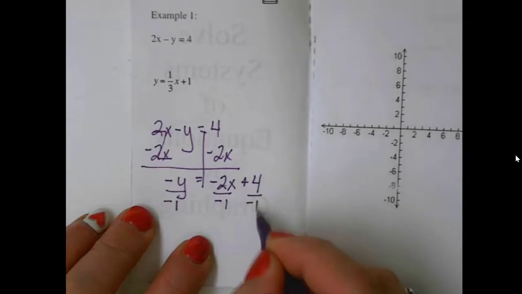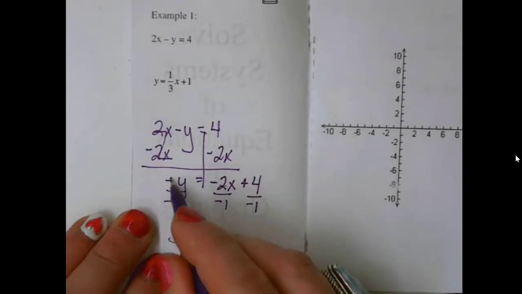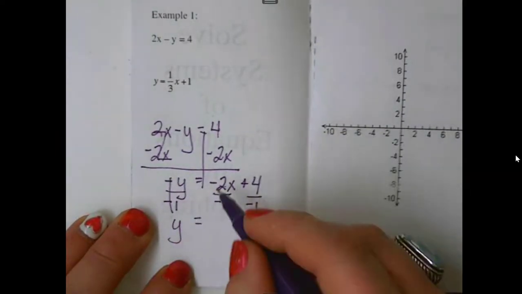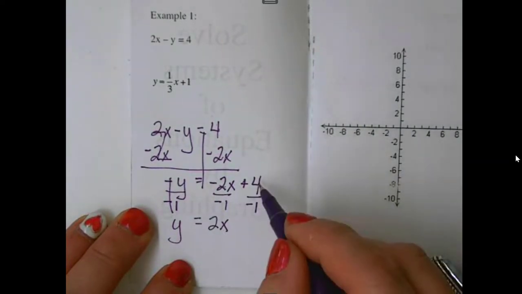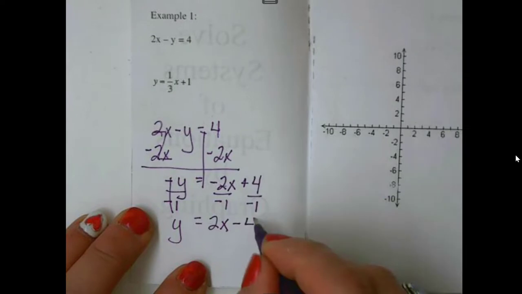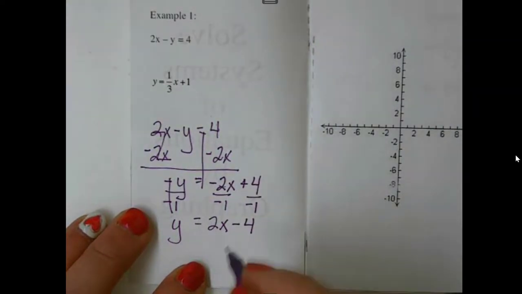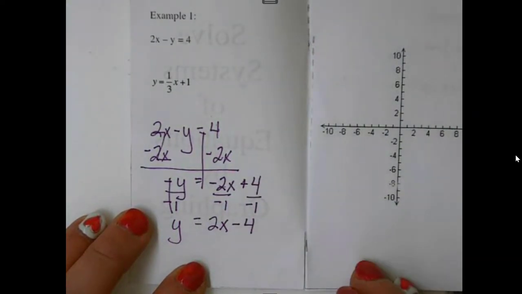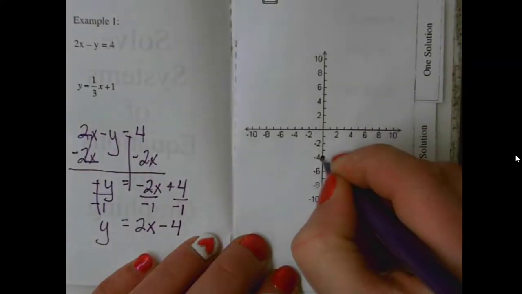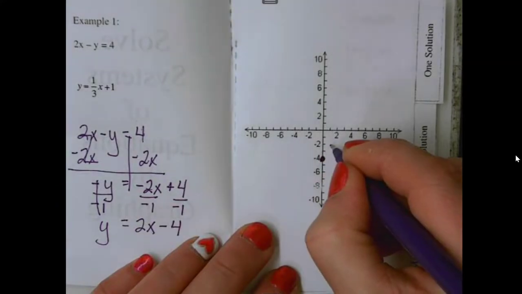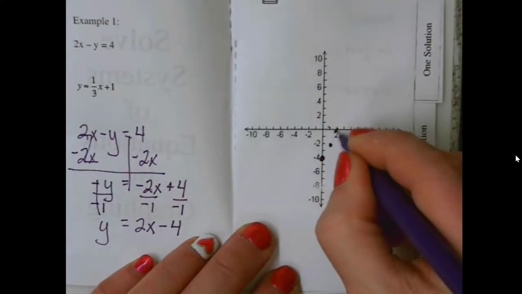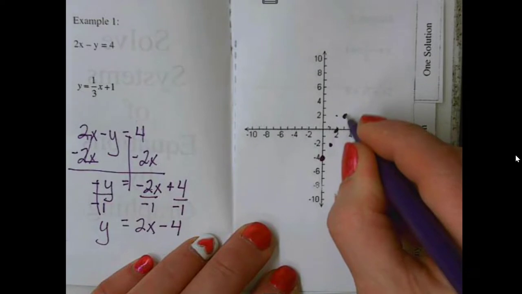So let's see what that equation ends up equaling. Okay, so that gives us a positive y. 2 negatives equal a positive when we're dividing. 4 divided by -1 is -4. Okay, so I'm doing this in purple. A lot of kids like to use two different colors. So I'm going to plot -4, and I'm going to go up 2 over 1, up 2 over 1, okay?